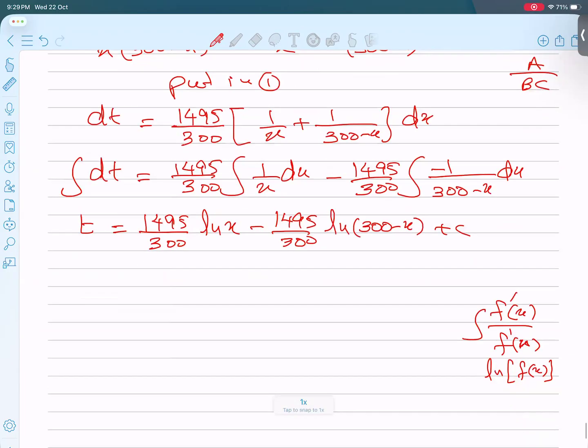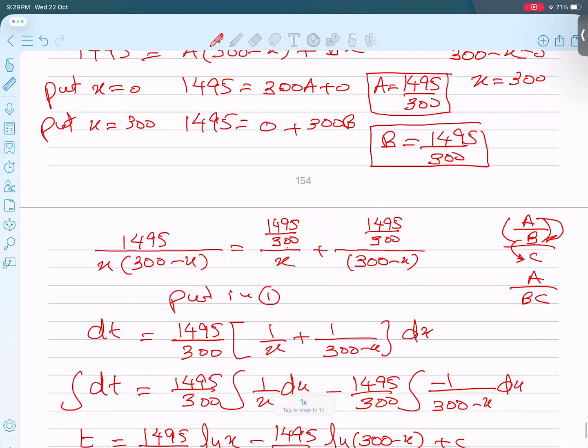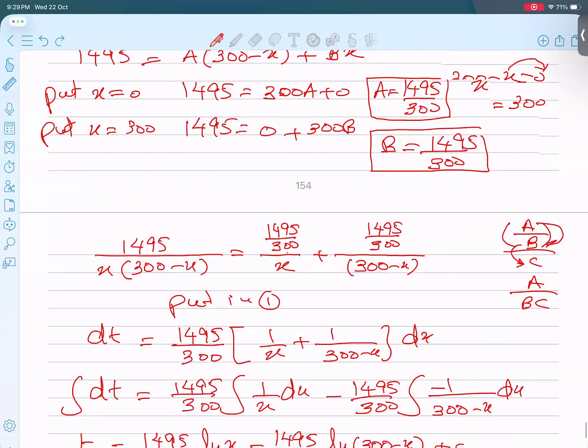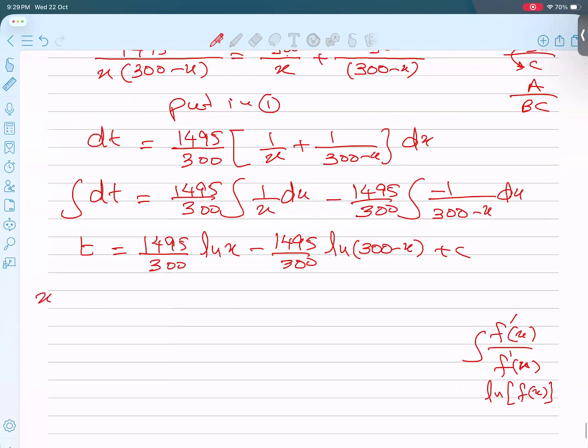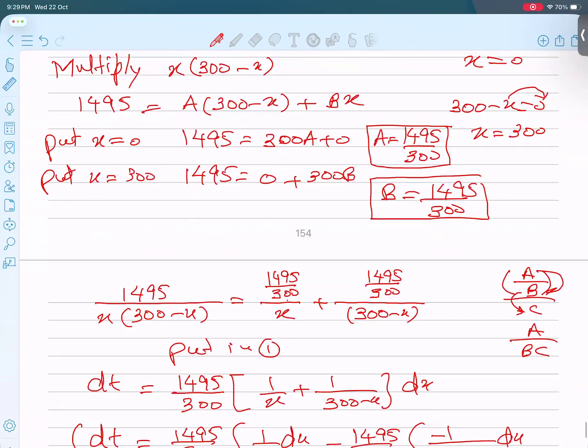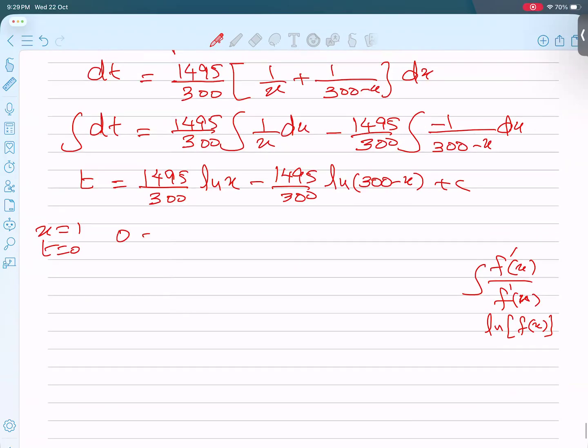So now, student, I think up to here the point is very clear. Let's proceed to the c value. How to get the c value, students? Have a look. We are given the parameters: t is 0 when x is 1. Check once again: x is 1, t is 0.